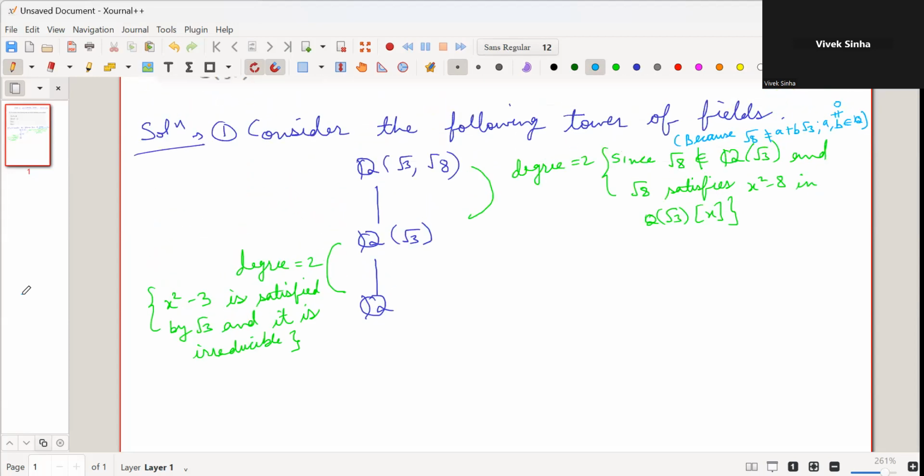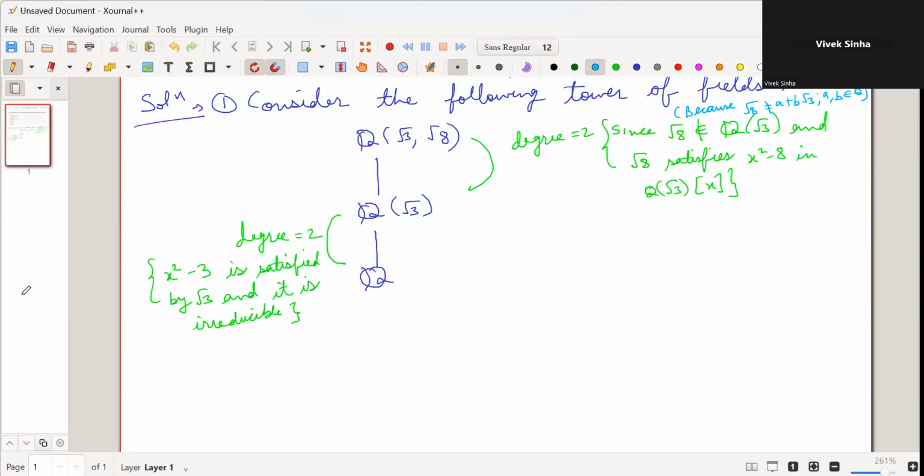So now we have the tower of fields. Each rational number is constructible.